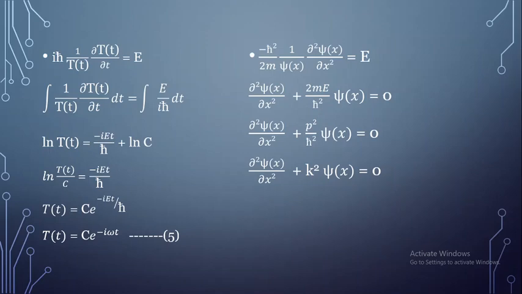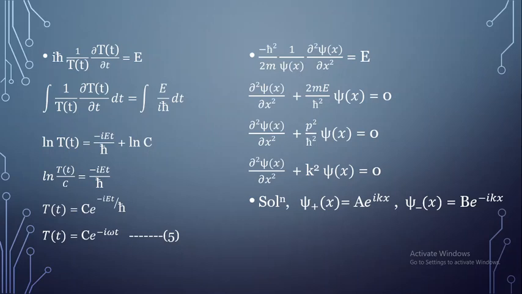As it is a second order differential equation, we will get two different solutions for ξ(x). The solution ξ₊(x) is equal to a times exponential of ikx, and ξ₋(x) will be equal to b times exponential of minus ikx. Exponential of ikx is nothing but cos kx plus i sin kx.